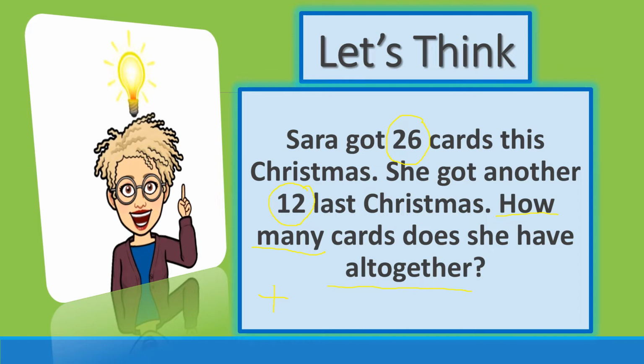And that means then that we will add. So today we're going to learn how to add two-digit numbers. Two-digit numbers are numbers that have two visible place values, ones and tens. Let's move forward so you can understand this concept a bit more.